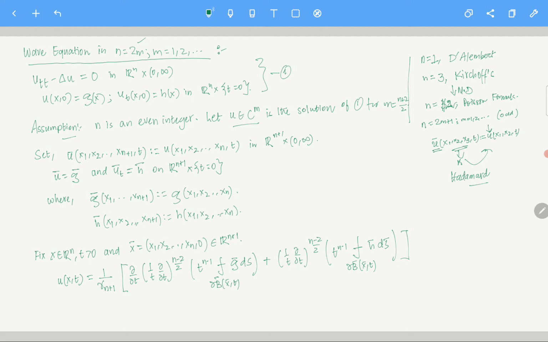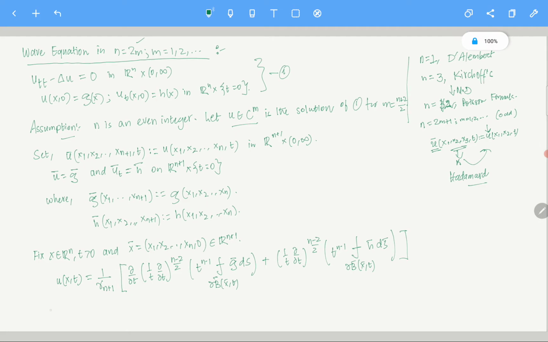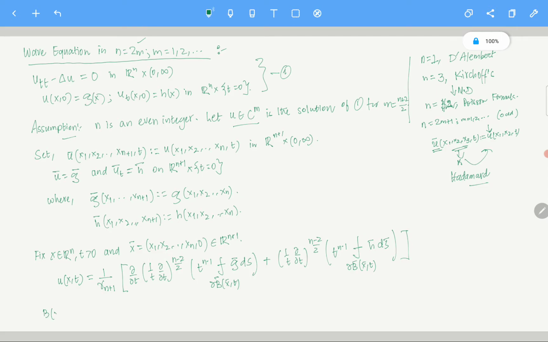So this is there, and what is B? Essentially here B bar(x bar, t) denotes the ball in R^(n+1) with center x bar and radius t.